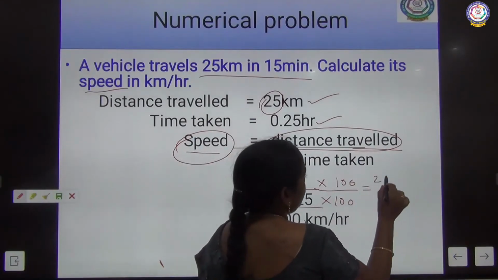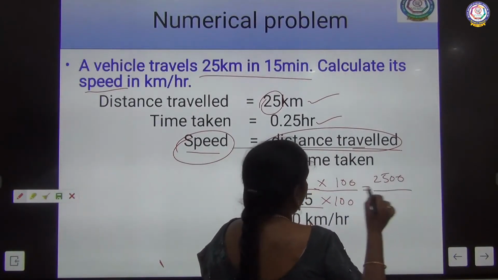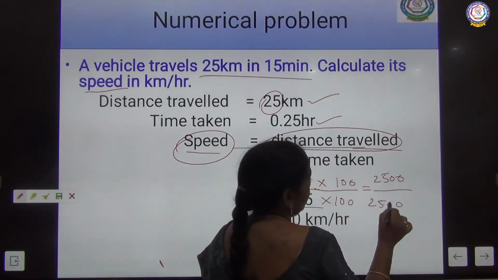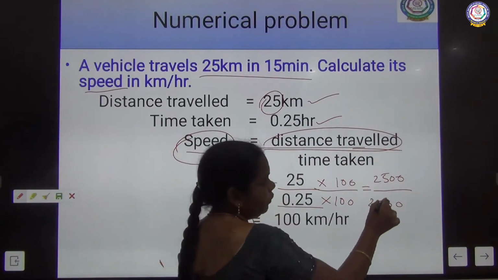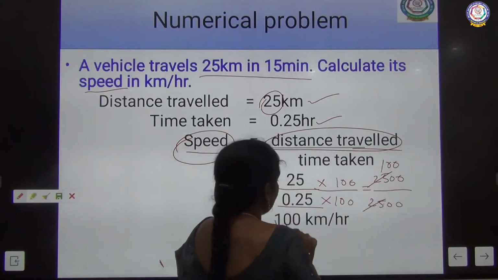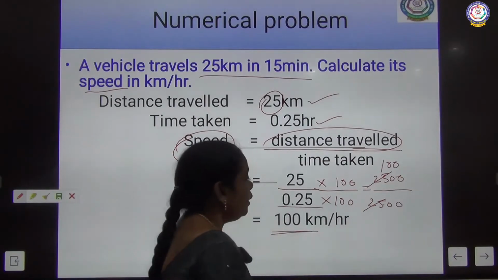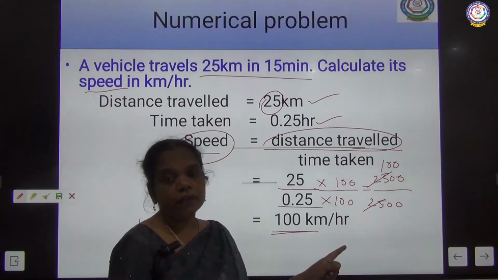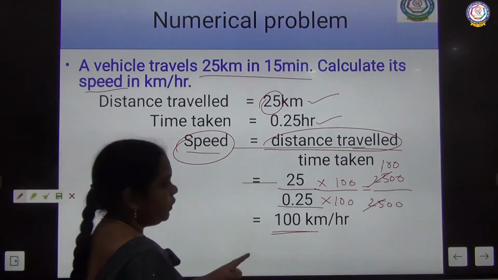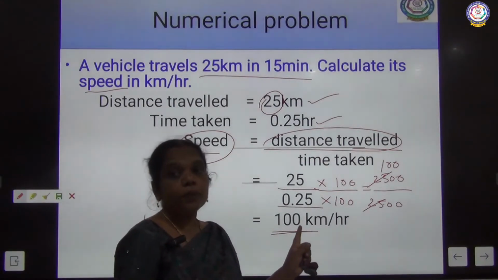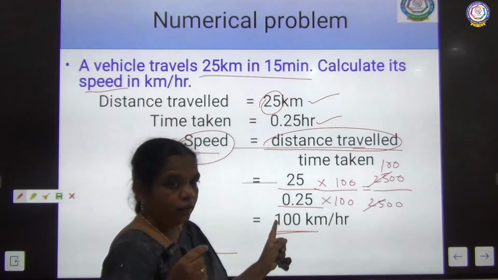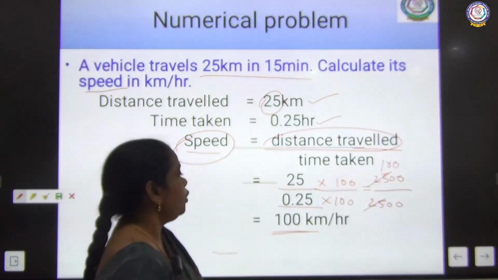Now this becomes 2500 divided by 25. 25 goes one time, and the remaining is 0. So what is the answer? 100 km per hour. So within an hour the vehicle can run at the speed of 100 kilometers.